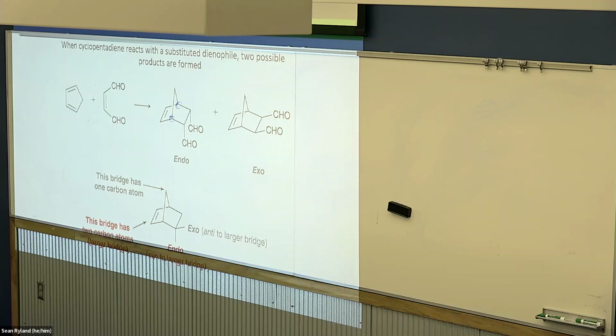And so it's a little bit tricky to visualize. And we do actually see both of them.